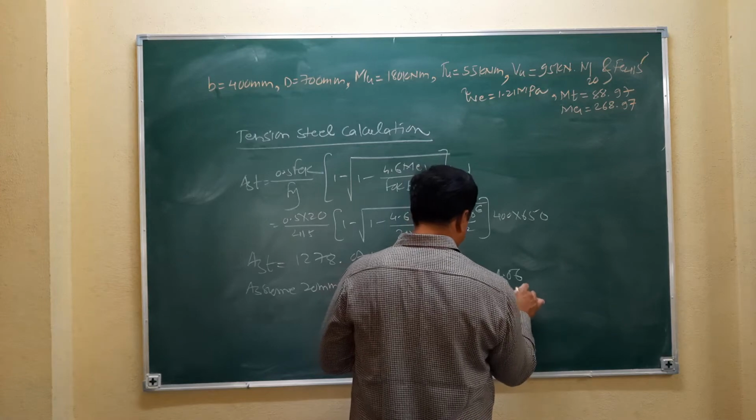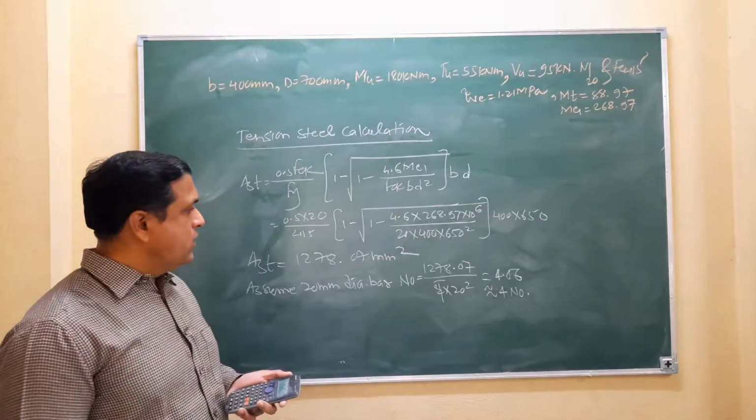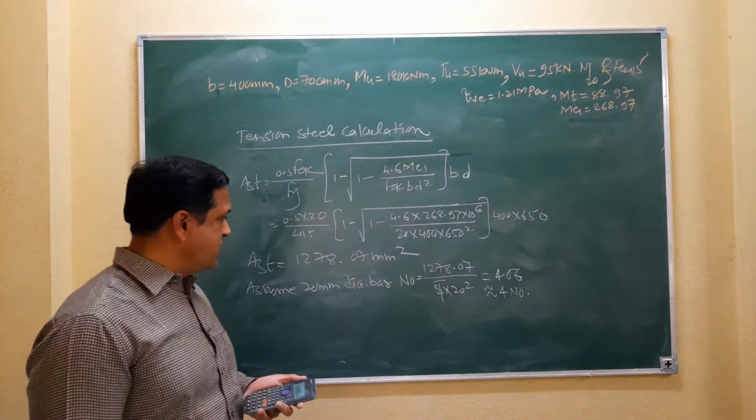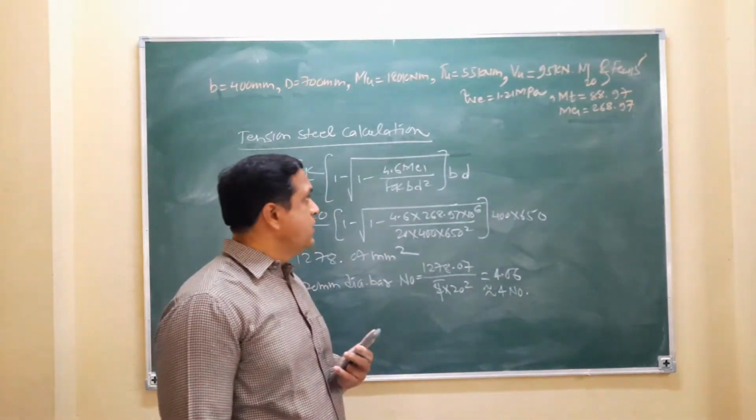Say it is 4 numbers, 4 numbers. Or you can put the 16 mm diameter bar, that it is okay with 4 numbers.